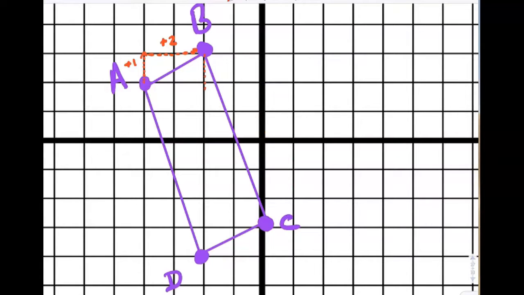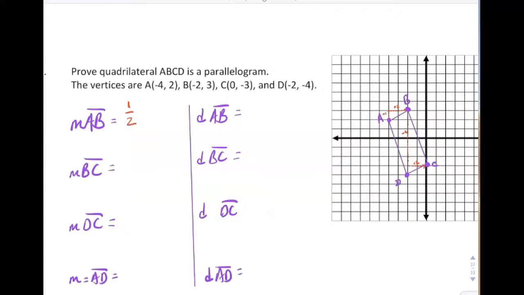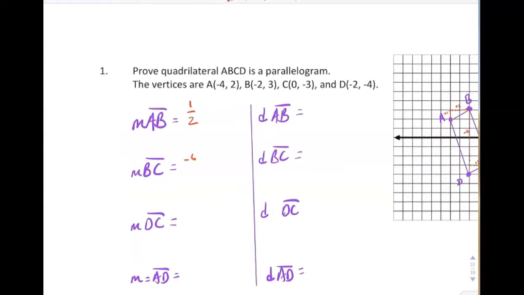So down 1, 2, 3, 4, 5, 6 over 2. Down 6, to the right 2. So I write down 6, to the right 2, which reduces to -3, or -3 over 1.